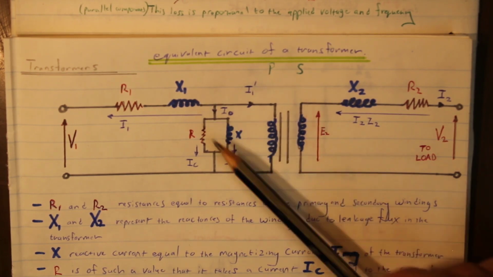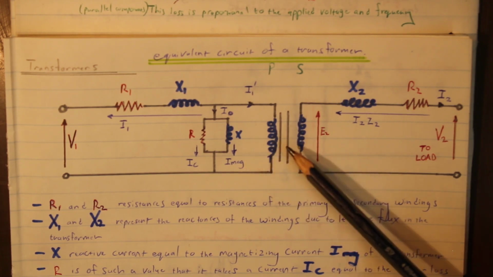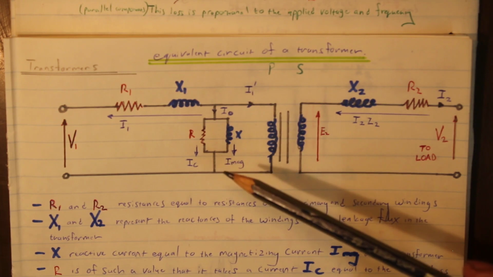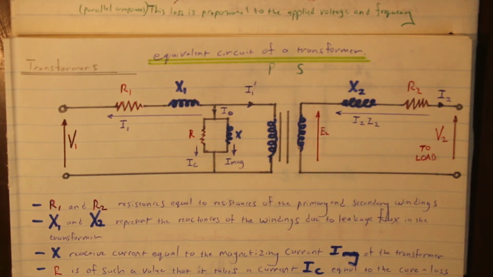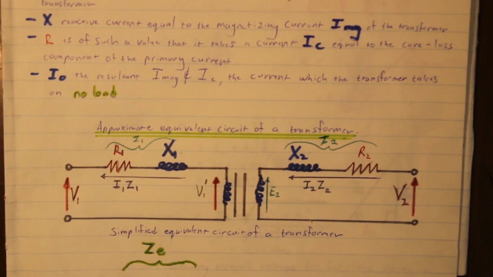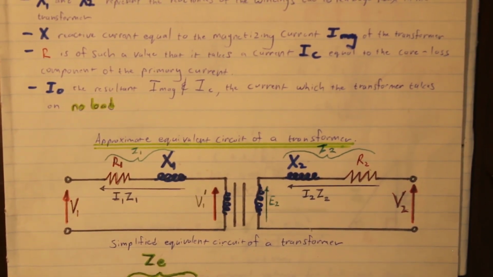Remember, those were just the magnetizing current and the core losses, hysteresis and eddy currents. So we took those out, and then we ended up with an approximate circuit. We call it an approximate circuit because it's not exactly correct, because of those shunt components we're going to just ignore. And then it didn't look so bad.